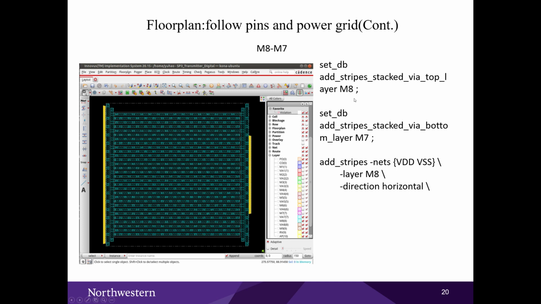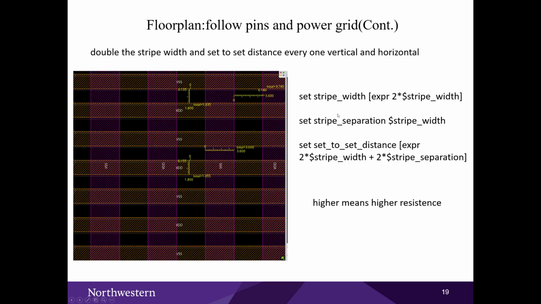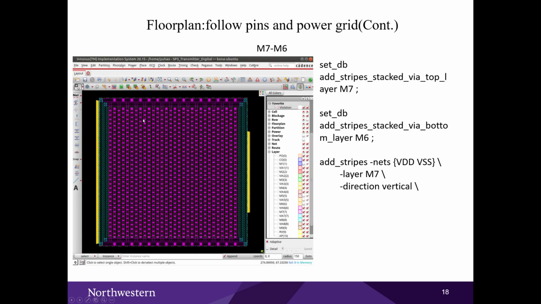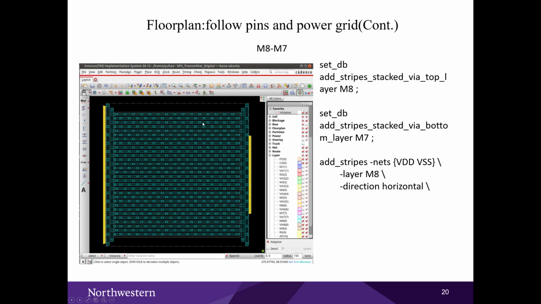And the next step is similar to the last step. We create power stripes on the M8 layer, but now we don't need to double their width or their set-to-set distance. And we can see that the power stripe connects to the power rings, and on the M8 layer, it also connects to the power rings.